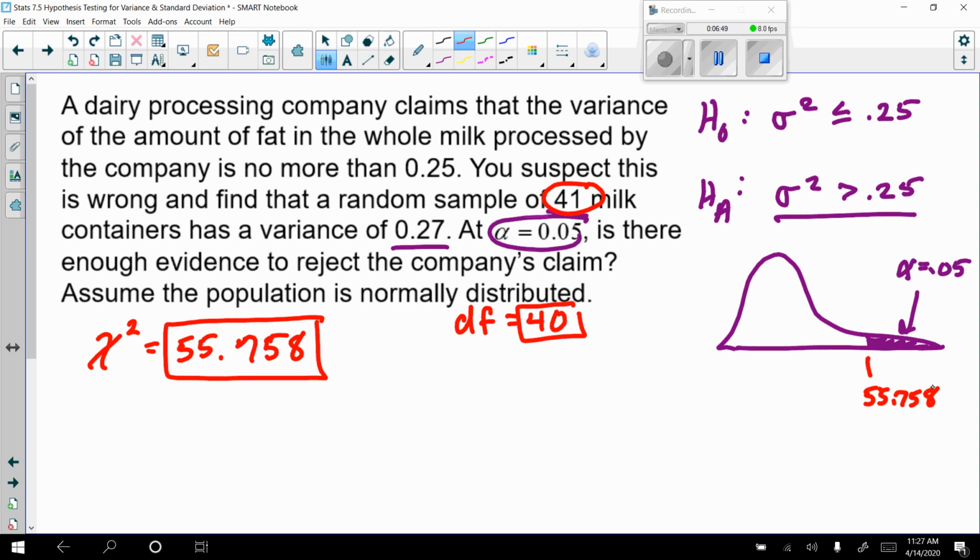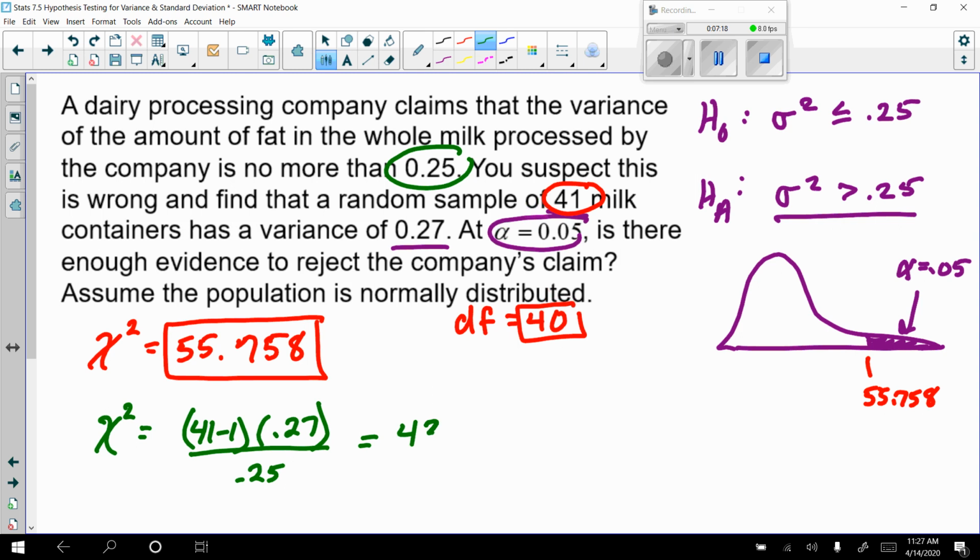Now let's calculate our actual chi-square value by taking our n minus 1, multiplying it by our variance of 0.27 divided by 0.25, which gives us 43.2.